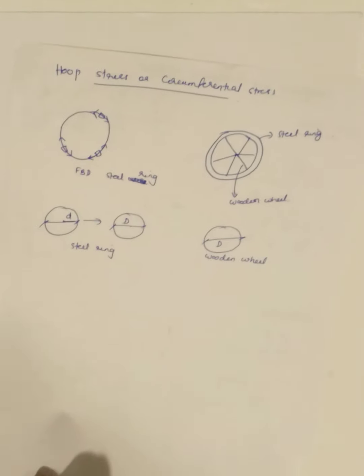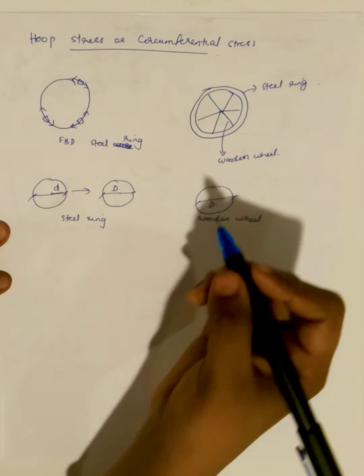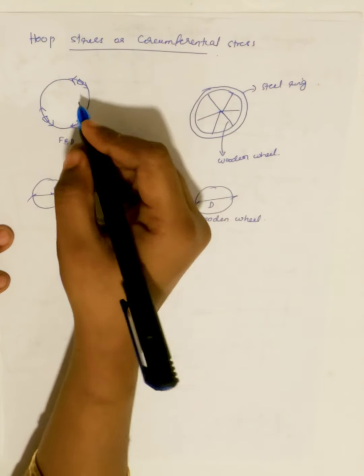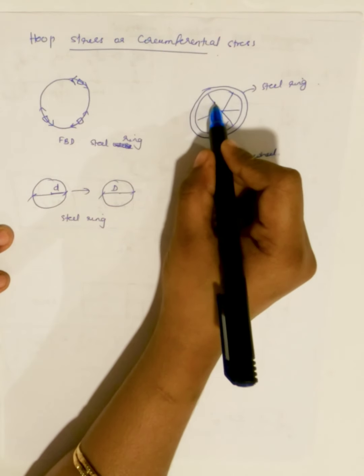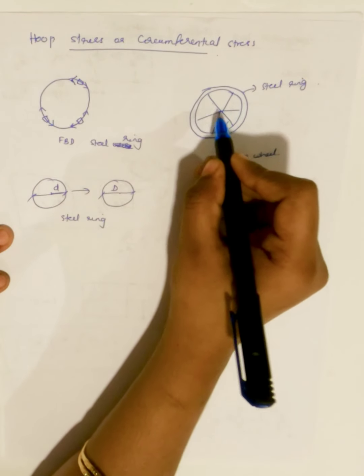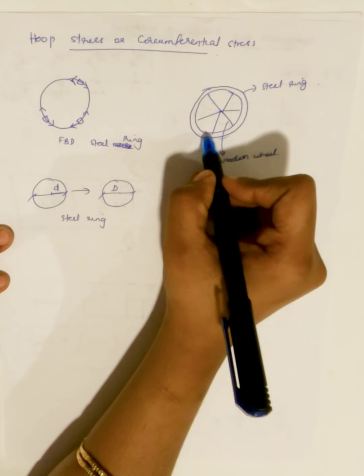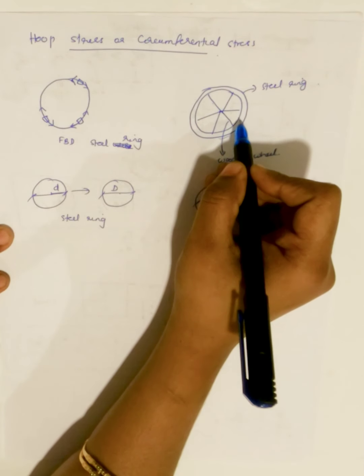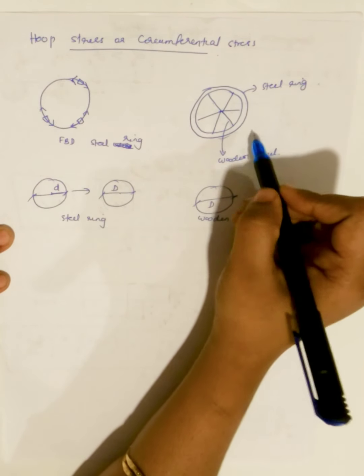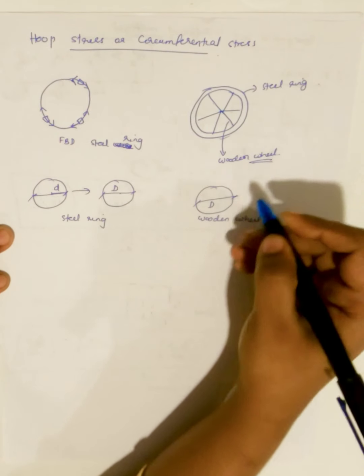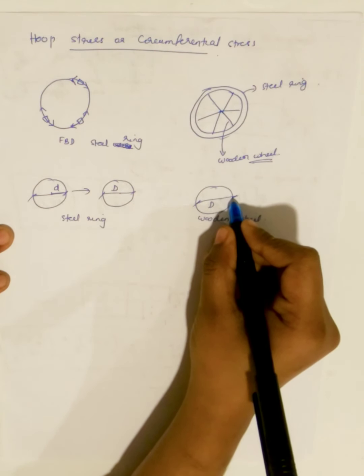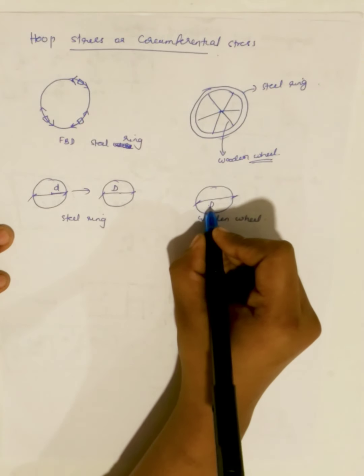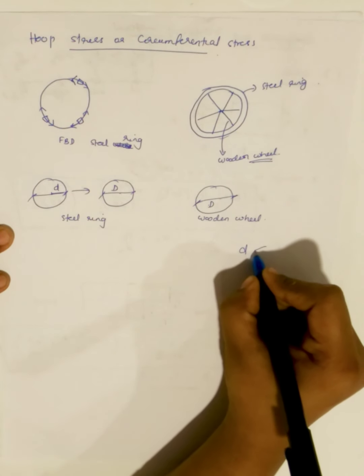Now let us study hoop stress or circumferential stress. Here there is a wooden wheel. The wooden wheel is bound by a steel wire, steel ring or steel wire, whatever it may be. The wooden wheel has diameter capital D. This D is higher than small d.